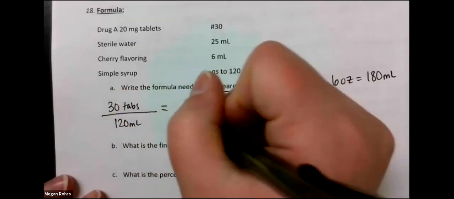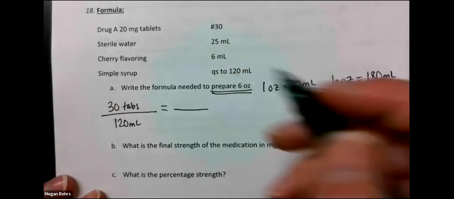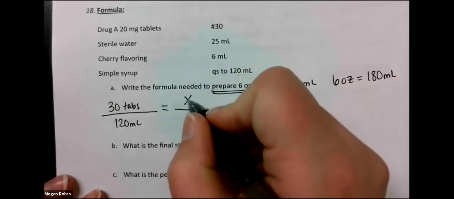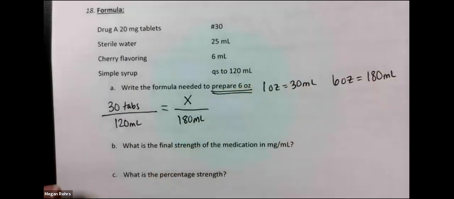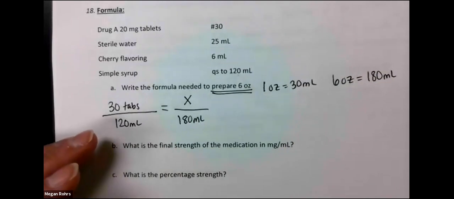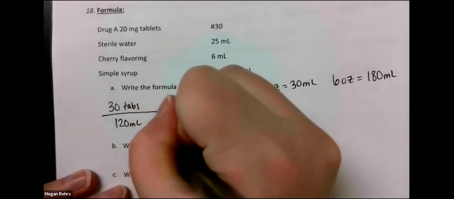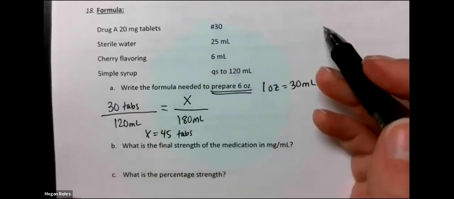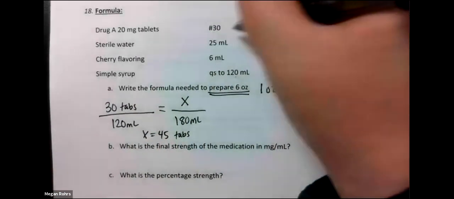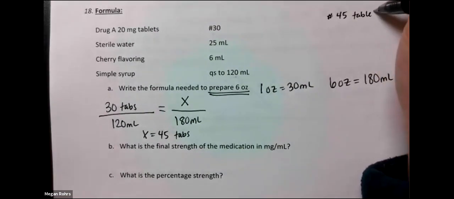To figure out how many tablets I need to make my new formula, I could just set this equal to X over my new total. So 30 times 180 divided by 120 gives me 45 tablets. So for drug A in my new formula, I would need 45 tablets.